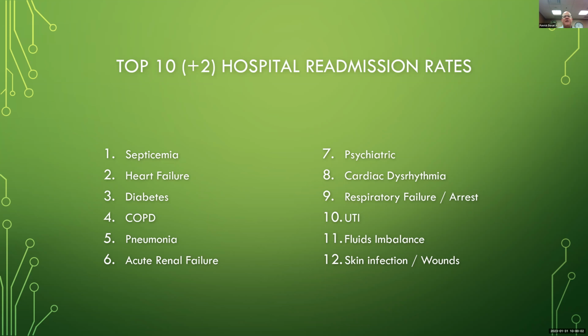This is all stuff, guys, that we're gonna see when we're out in the community. And the mainstay of our chronic healthcare side of the business is going to be managing these types of patients and keeping them from being readmitted. Remember, I talked about that community paramedic.